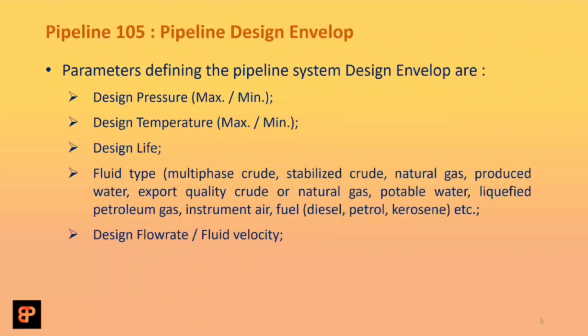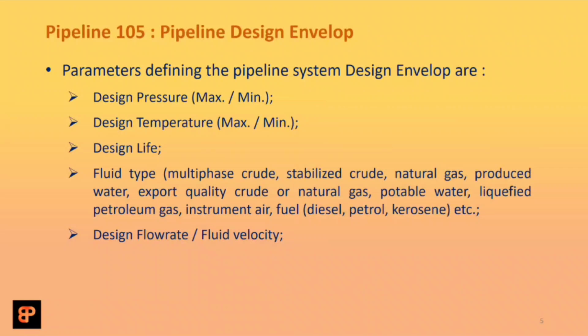Design flow rate and fluid velocity play a very important role, because when we say pipeline sizing or hydraulics, what we do is consider the flow to be handled through the pipeline, the flow capacity, and then the pressure difference between upstream and downstream, and the velocity will decide the pipe size.